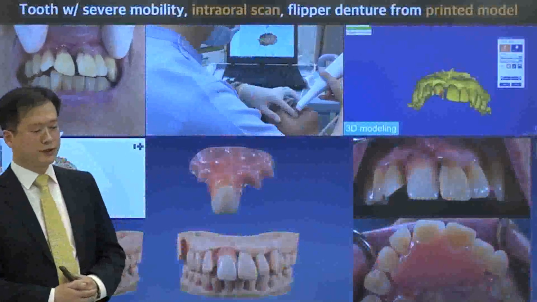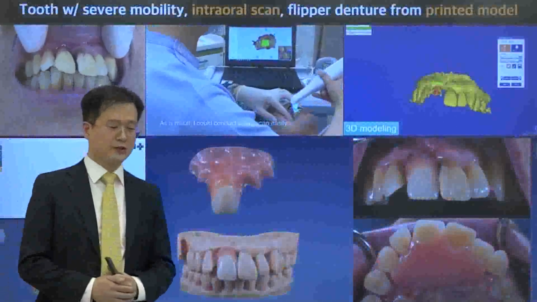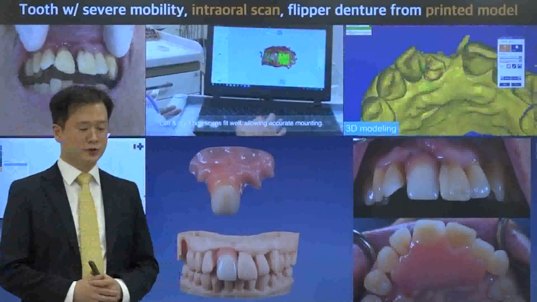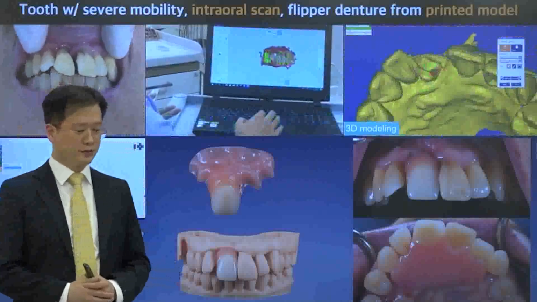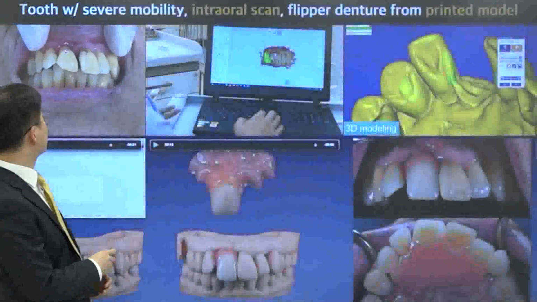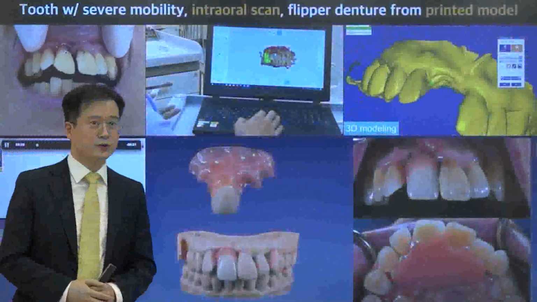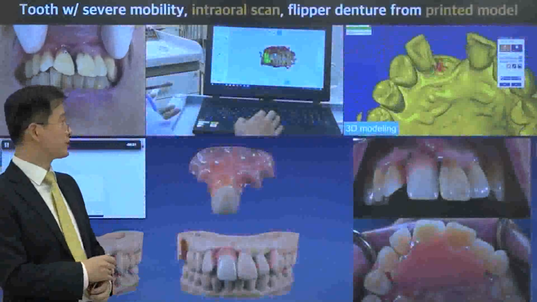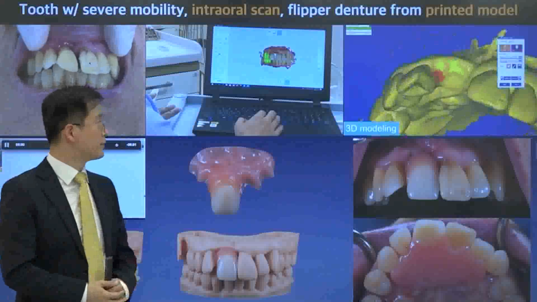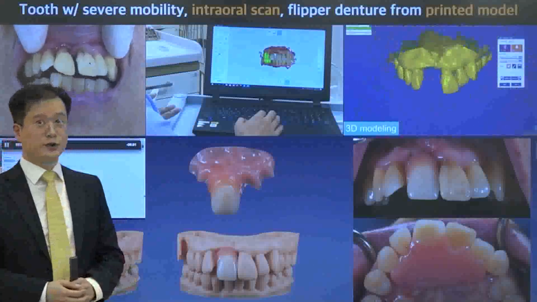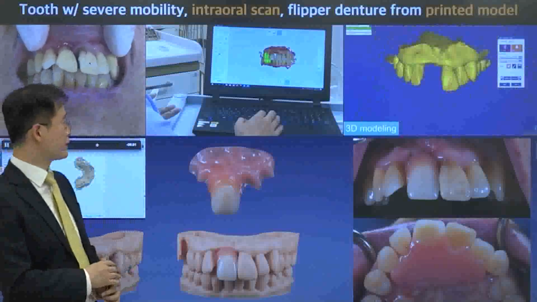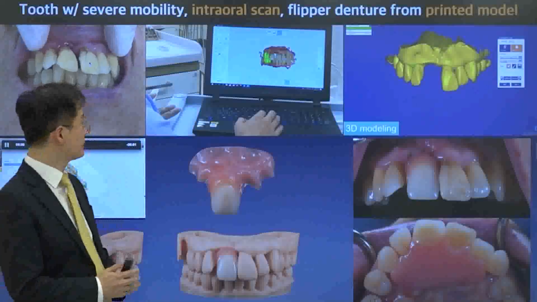I can also acquire a digital impression without extracting a tooth that could be extracted at any moment during the impression procedure. So there is another tip. When the patient occludes, the tooth can be deviated like this. So when you acquire a digital impression, we can easily acquire the data without extracting the teeth.